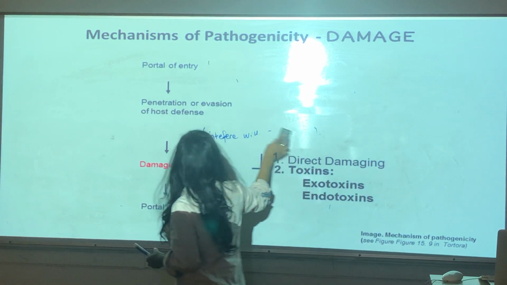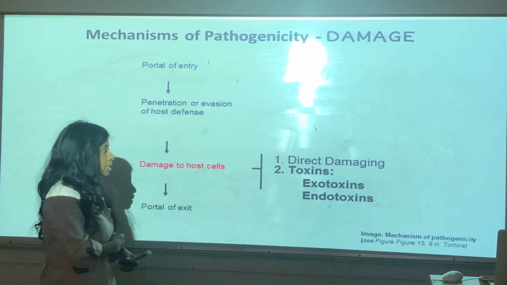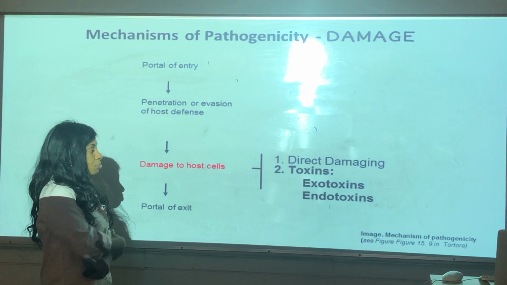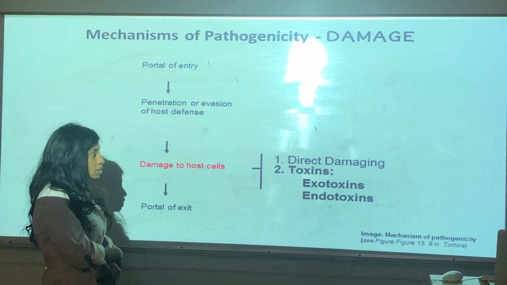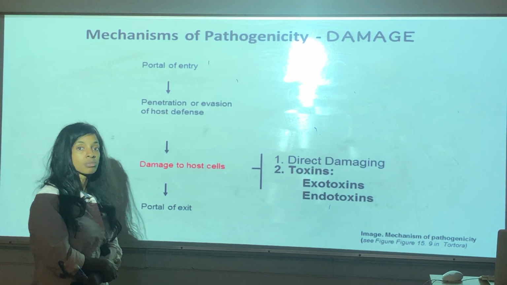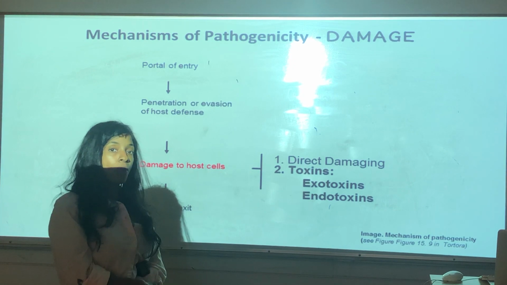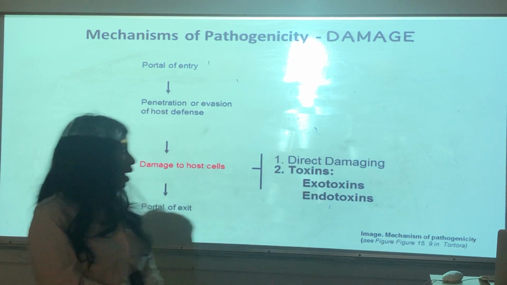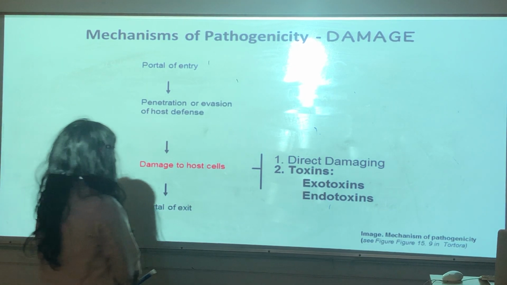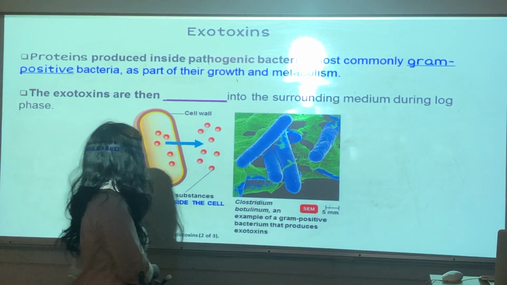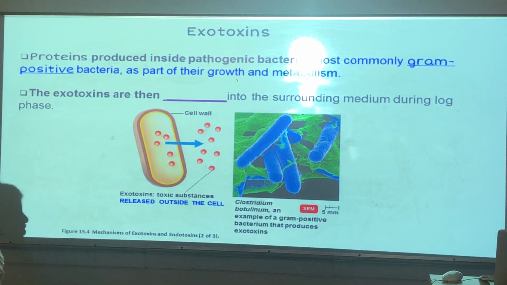So to separate direct damage from other damage caused by toxins. And toxins, these are specific substances made by our bacterial invaders, and they're going to cause damage in a specific way. Right? So let's separate our exotoxins from endotoxins.